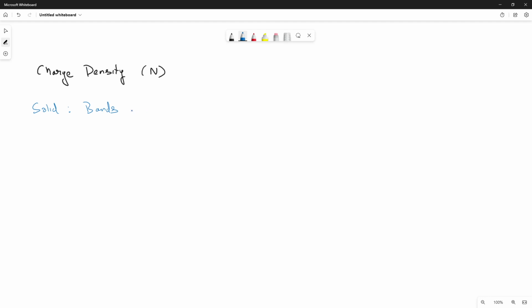So now, what are bands? Bands can be seen as a collection of energy levels or electronic states. When I say energy levels, I also mean electronic states. So there is a collection of energy levels.